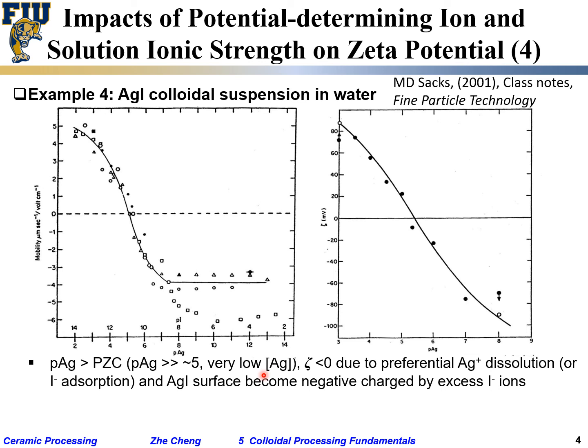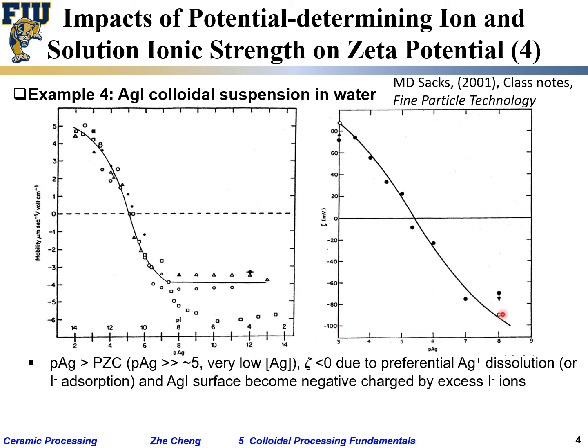Just like high pH, 12, means the solution has very low proton. This high PAG means the solution has very low Ag. It's the same.